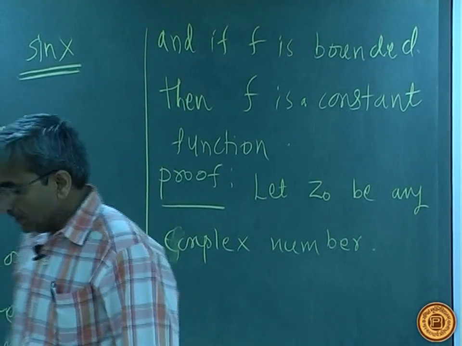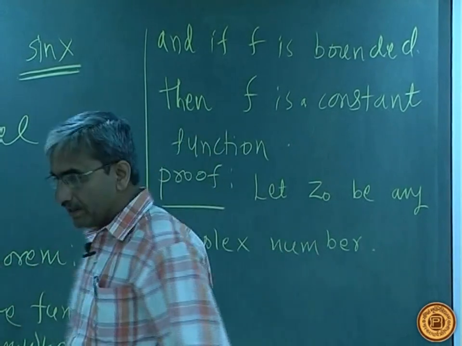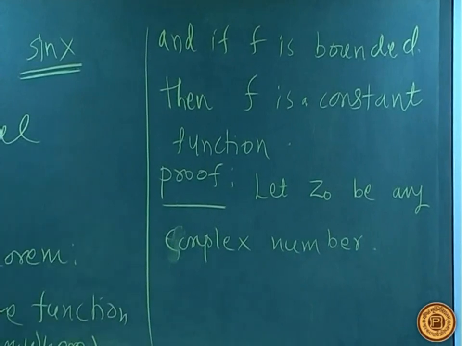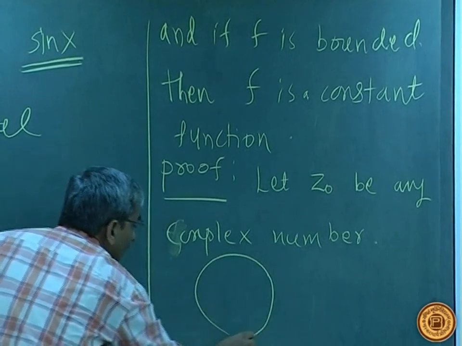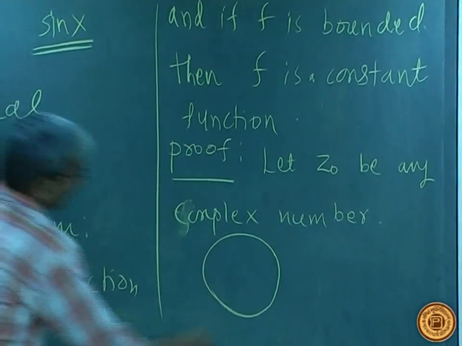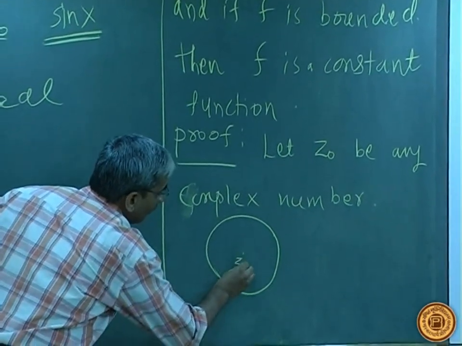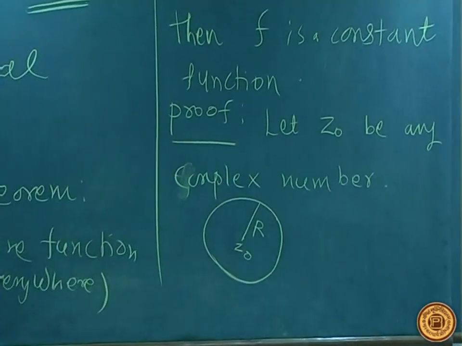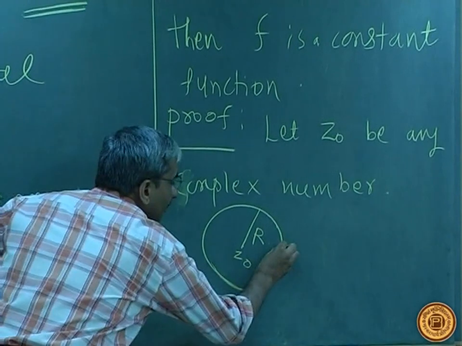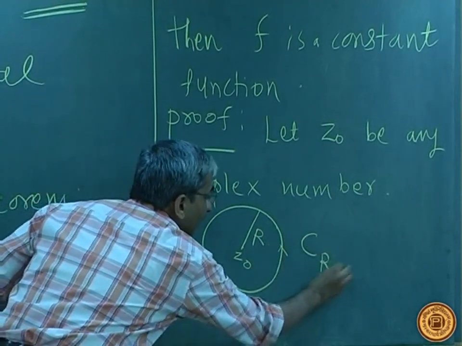Now you can consider a circle with center at z naught and radius r. So think of this circle now. Let me call this curve, positively oriented, CR.